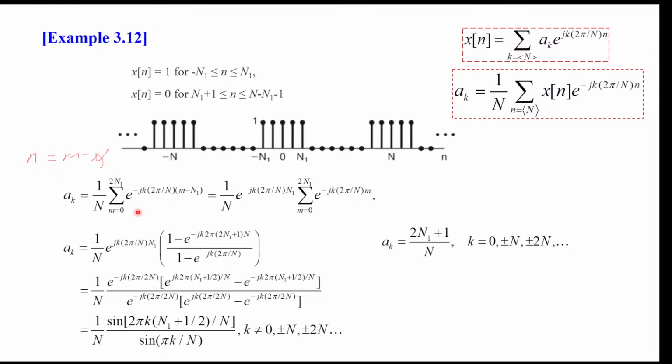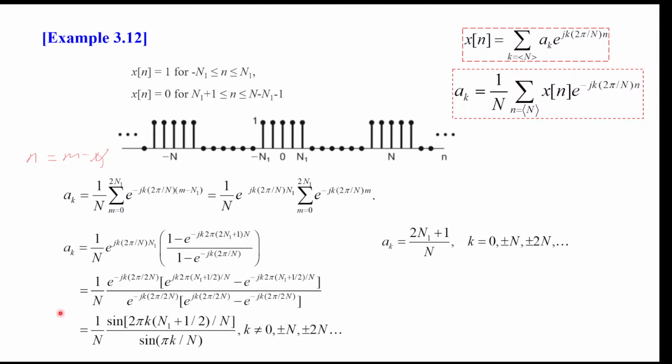So here is the summation over m. You take out the factor with n1 that has nothing to do with the summation, and then just do the summation with the geometric series formula. This is a geometric series, with something to the power of m.